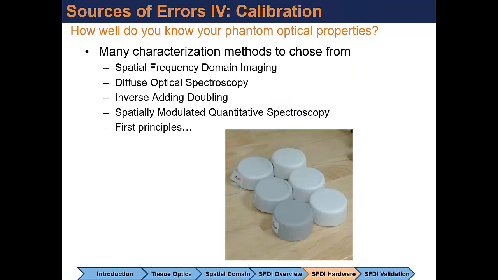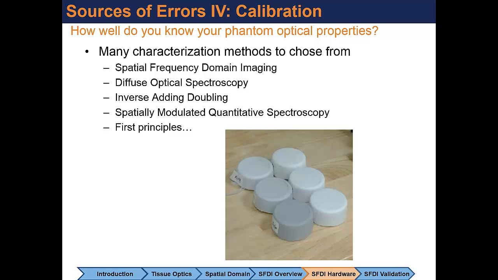The other thing we worry a lot about is phantom calibration, in terms of how well you know your phantom optical properties. These are examples of tissue phantoms, and there are many ways to characterize them, and every measurement technique will tell you a slightly different answer. So it's a fun problem to go in circles for a while and figure out what you trust more. Inverse adding-doubling is classically a really good way to do phantom characterization if you can create a thin sample also.